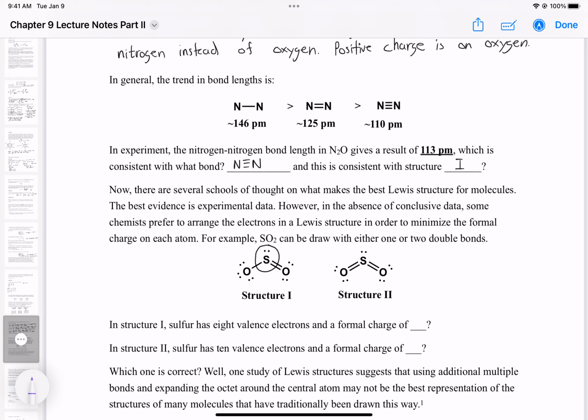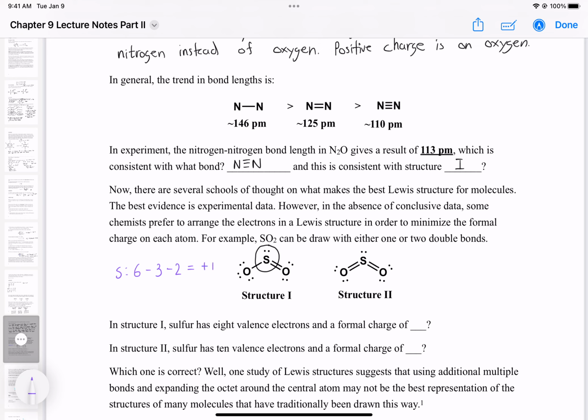So sulfur, remember our rules for formal charges. We take the group number or valence electrons from sulfur, and from that we subtract all the electrons that are in the circle. Since we bisect these 3 bonds, that's going to be 3 electrons, because it's a bisector, we break the bond evenly in 2, then minus 2 for the lone pair in the circle, and we get a charge of +1.